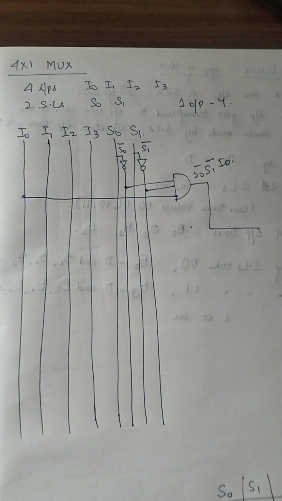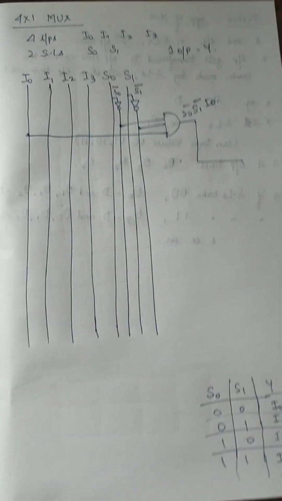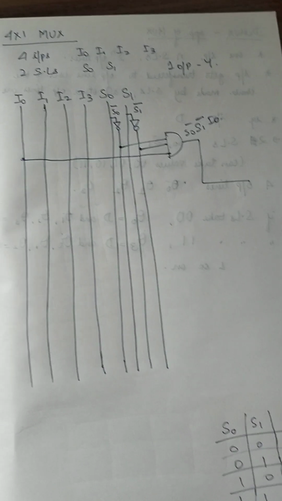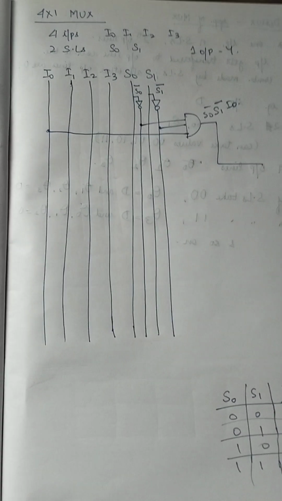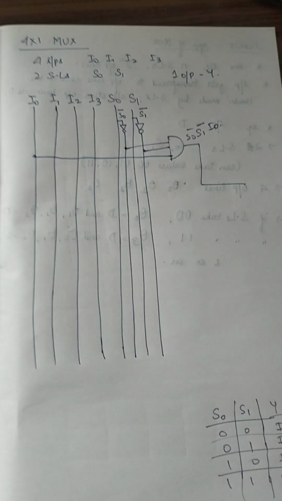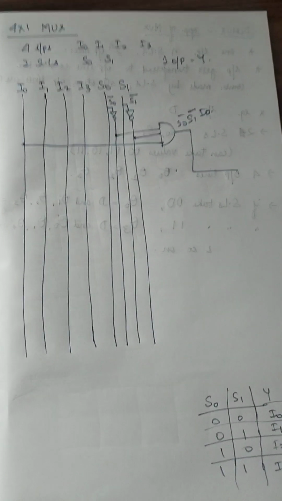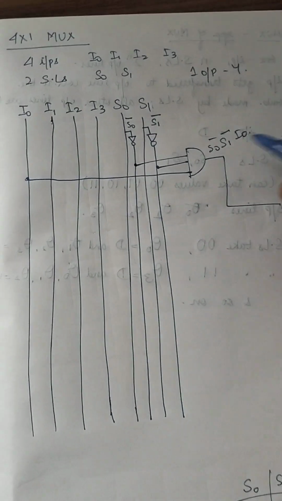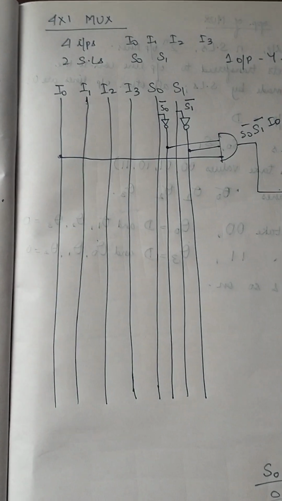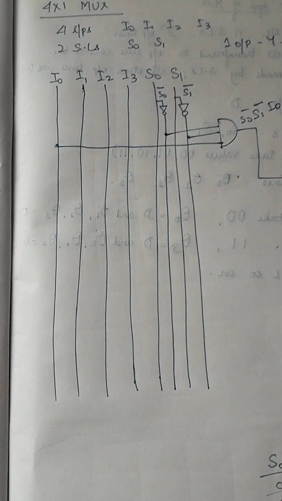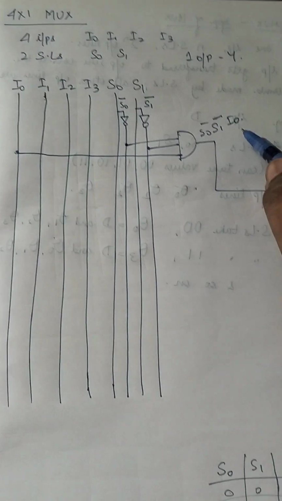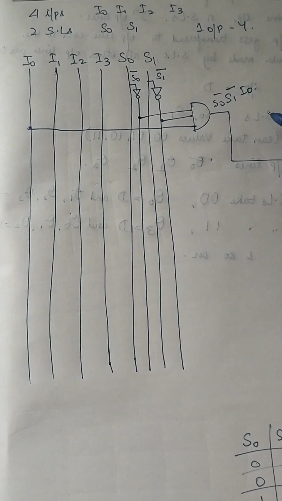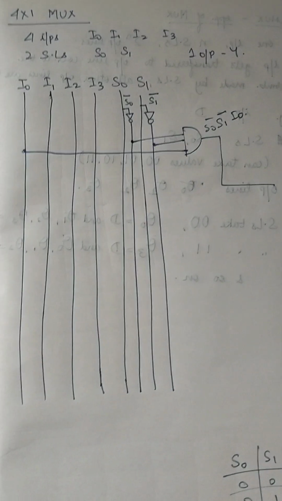If you're not able to make sense of this at this point, I would encourage you to pause the video and draw the truth table for S0 dash S1 dash I0. You list all the 8 possible combinations of S0 S1 I0 and see what values you're getting for this term. You will notice that when S0 S1 are 0, your output will exactly be what I0 is, and in all other cases it will be a 0.